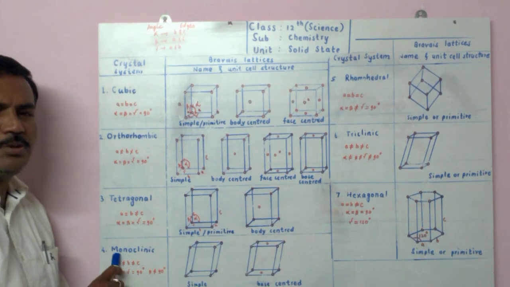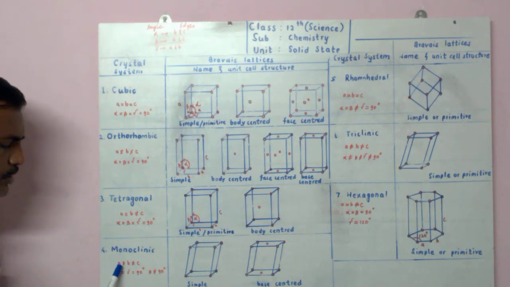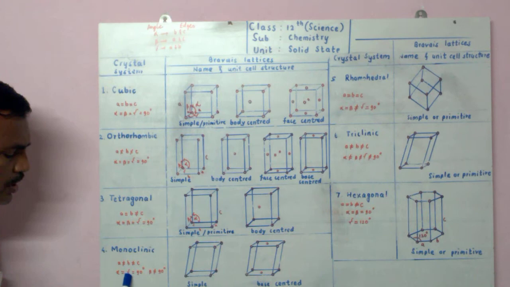Then the fourth type, monoclinic. Here the edge lengths a is not equal to b, is not equal to c. So the edge lengths are different, and angle alpha is equal to gamma is equal to 90 degrees.